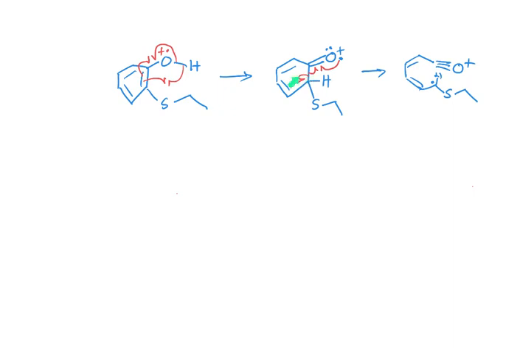Well, we could have some resonance over here, but we've actually broken the benzene ring, okay? Because we need to be able to do that in order to get rid of the carbon monoxide. Okay, so the next step here closes up the ring again, but into a 5-membered ring.